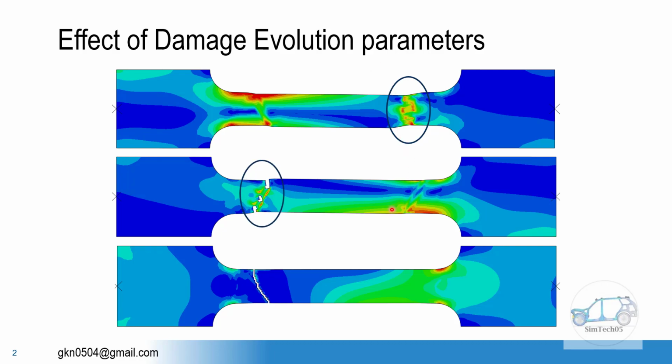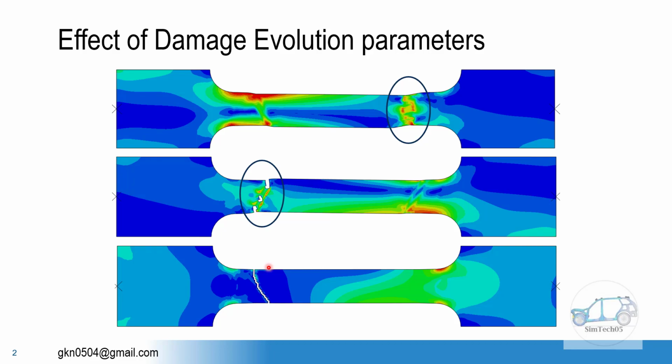In the second case, damage takes place, or you can say elements start deleting from the crack location, but still it is not appropriate. As you can see, the crack nucleation is random at the particular locations: first, second and third. But in the third case, once we define the proper damage evolution parameter, we get the proper behavior of the crack component, or we can say elements delete properly with respect to the damage parameters.